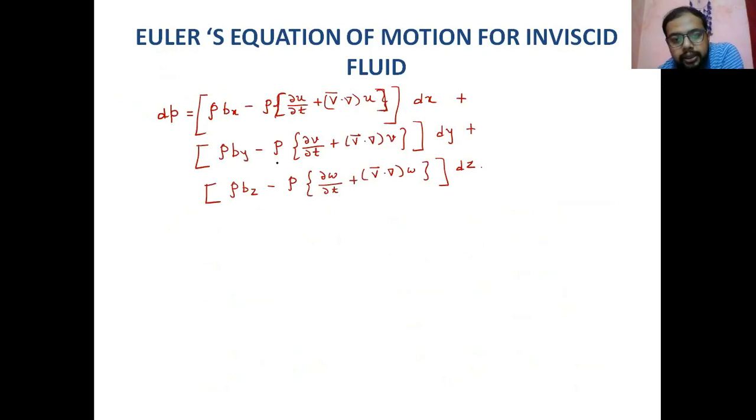Now you see here, if you rearrange, these three parts you can take in a single way. We can write rho times bx dx plus by dy plus bz dz.